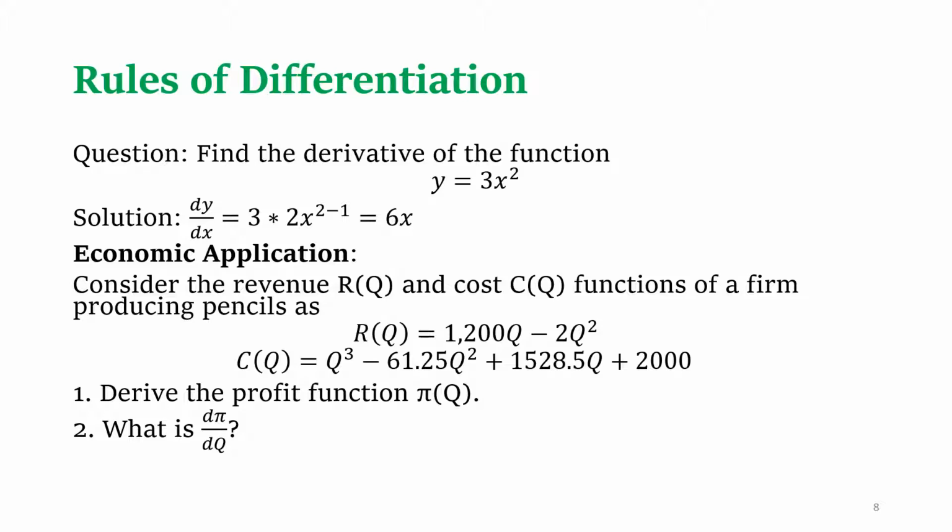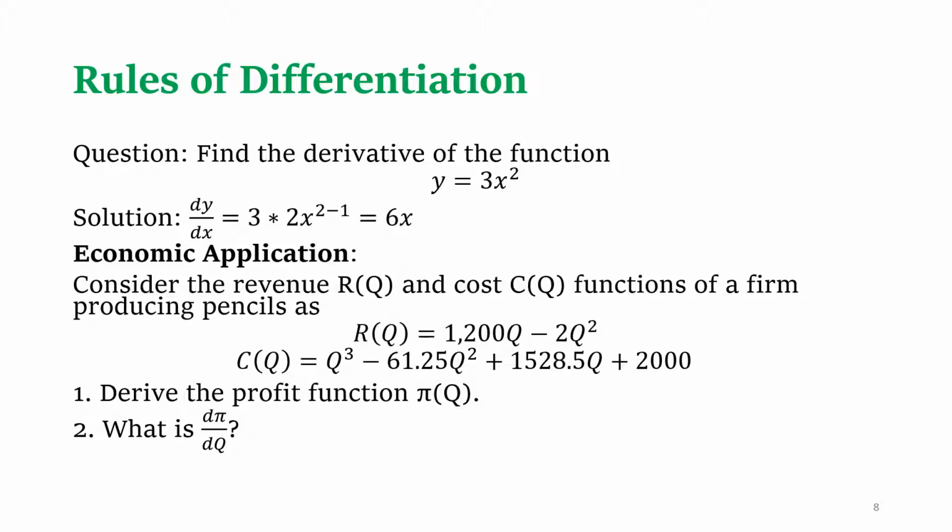That is the solution to this problem. So if somebody asks you to differentiate y equals 3x squared, that is what you need to do. As easy as that. So remember, we have now used that general rule of differentiation to find the derivative of this simple function. And we're going to be doing this one every time.